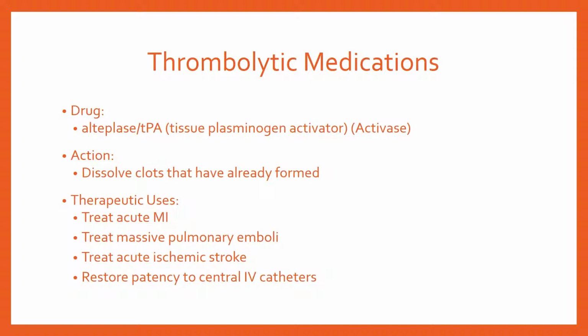This is going to dissolve the clots that have already formed. Therapeutic uses: treat acute MI, treat massive pulmonary emboli, treat acute ischemic stroke, restore patency to central line catheters. So if there is an IV site that has formed a clot in it, we can use it, and we have used it to dissolve the clot in that.